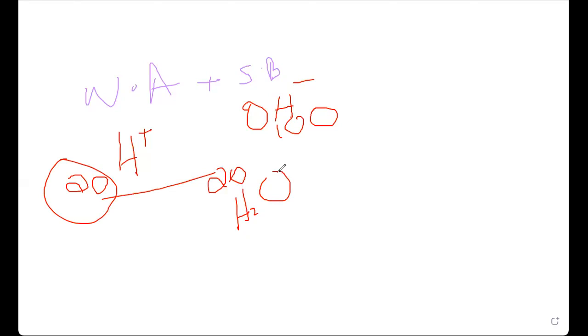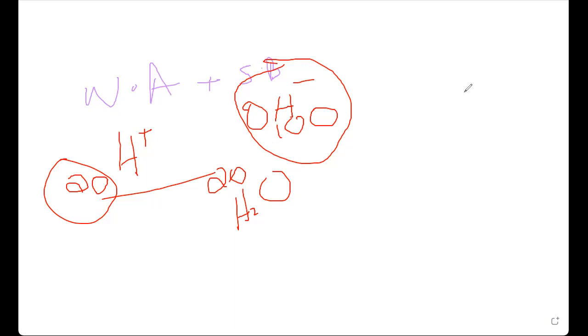There are still a lot of OH negative ions left in the solution because you have used weak acid here. There are a lot of OH negative ions left in the solution. So OH negative ions, these are the ions from the base.